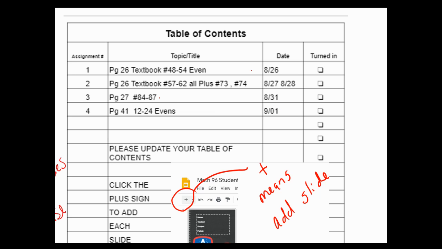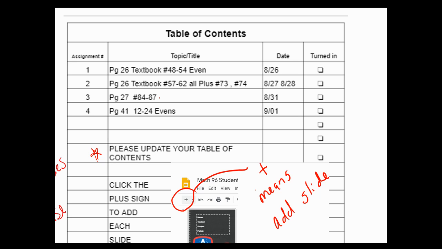I'm having a lot of difficulty pushing in slides into your workbook, so I'm going to need you to create a slide, and it's real easy. I need you to update your table of contents, so that means you're typing in this information.